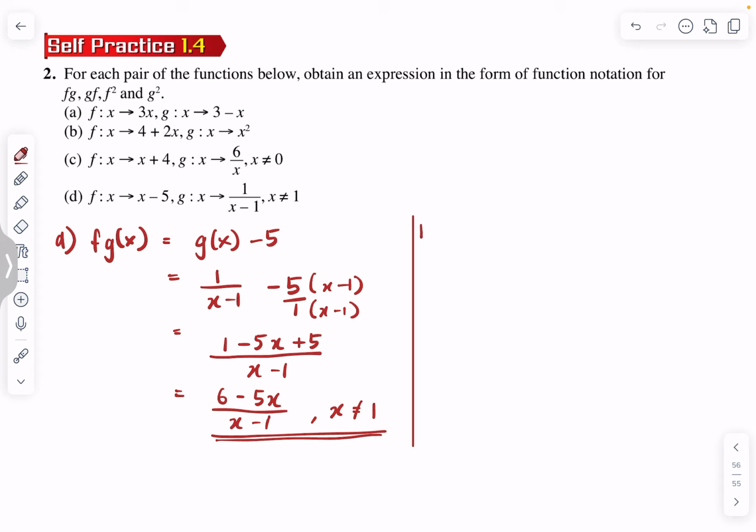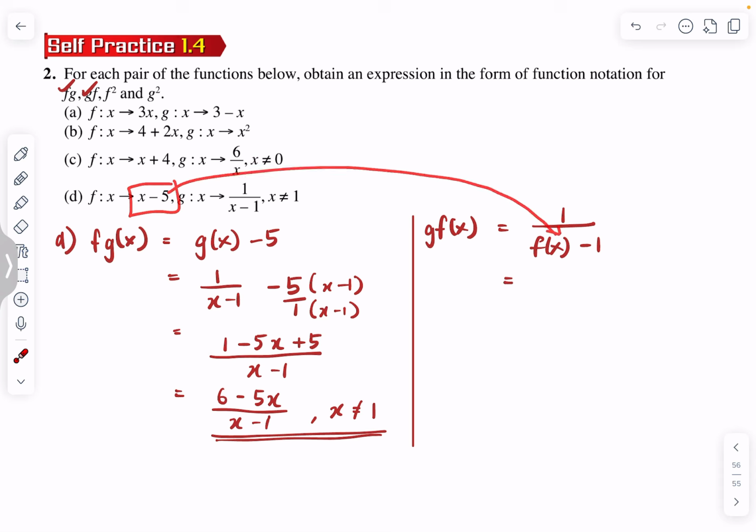Okay. Next. g of f of x. So if g of x is x minus 1, g of y would be y minus 1, g of f of x would be f of x minus 1. So now we know f of x is this, we take this and put it into the f of x.